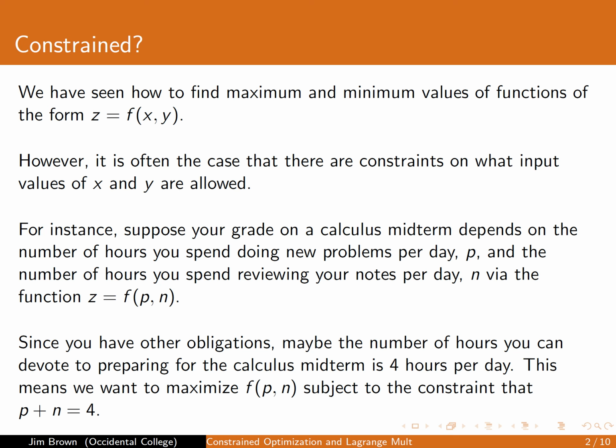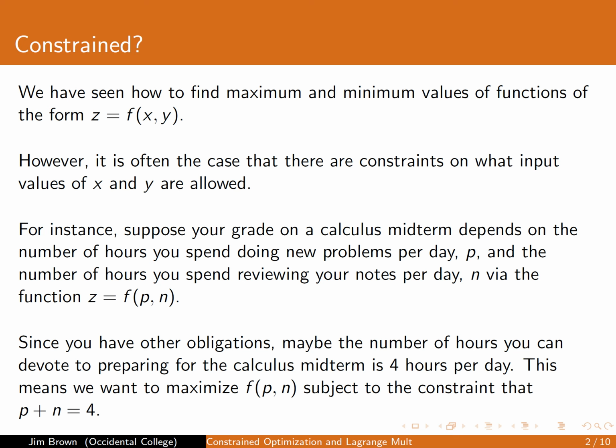Let's suppose that, since we have other obligations, the exact amount of time you can spend preparing for the calculus midterm is 4 hours per day. You've set aside 4 hours per day for studying, no more, no less, exactly 4 hours. So when we want to maximize this function f of P N and figure out what value of P and what value of N give you the best possible grade, we have a constraint: P plus N has to be equal to 4, because we're going to spend exactly 4 hours.